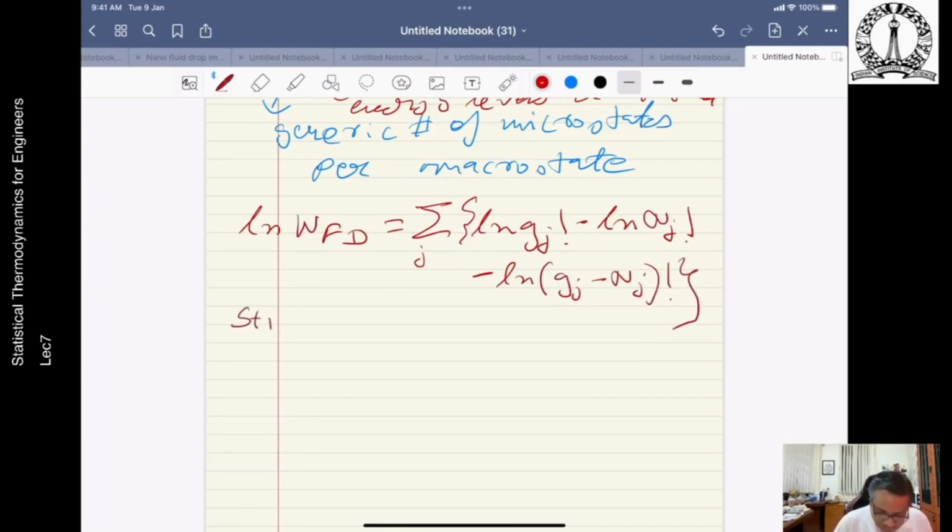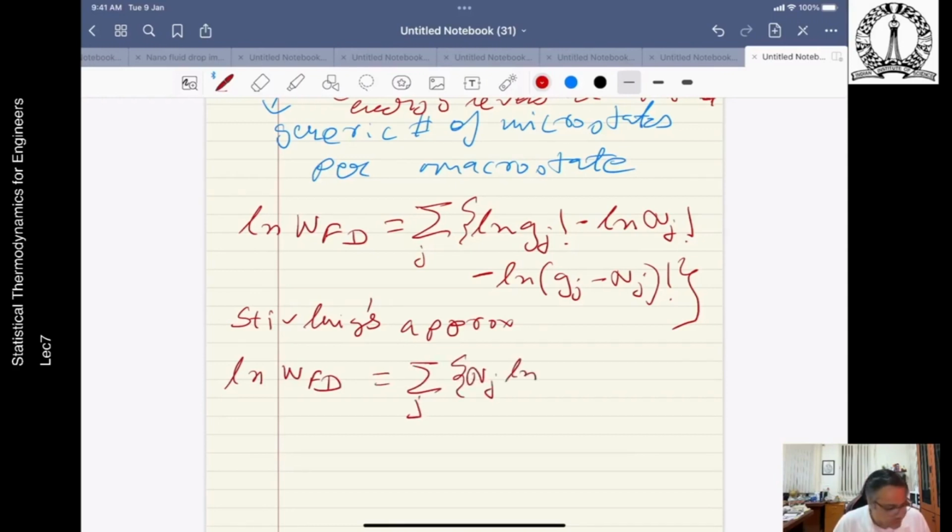Again, use the Stirling's approximation, which essentially translates to WFD being equal to the summation over j of Nj ln (Gj minus Nj)/Nj plus Gj ln (Gj/(Gj minus Nj)).